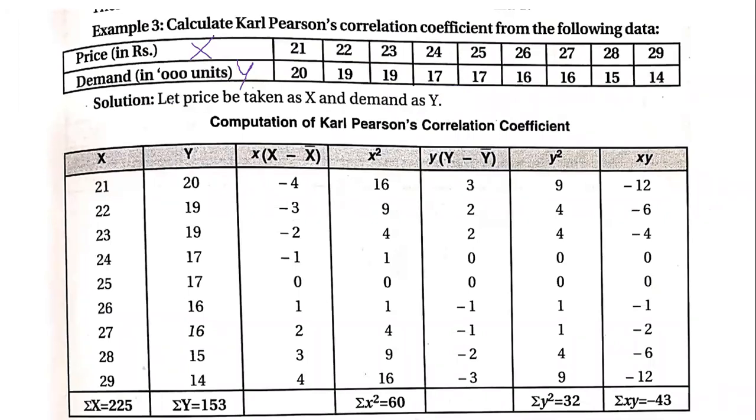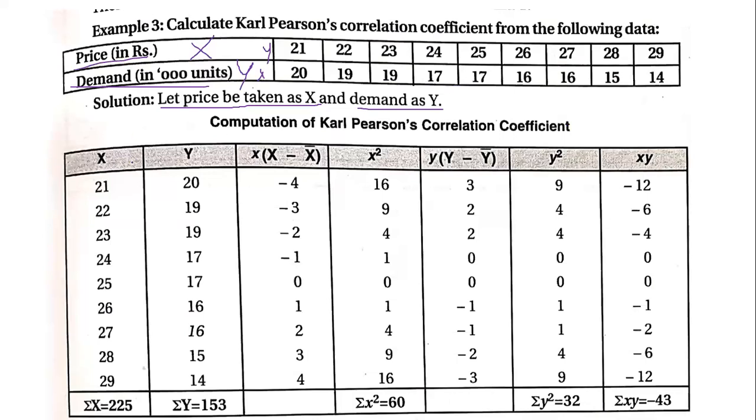Okay, so we will assume let price be taken as X and demand be taken as Y. Even if you take this as X and this as Y, you will still get the answer. But for easy identification, so that everybody gets the same answer, we will take price as X and demand as Y.